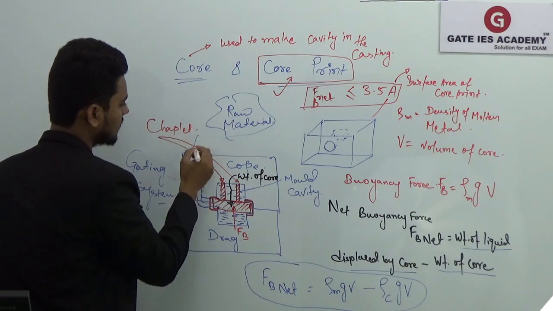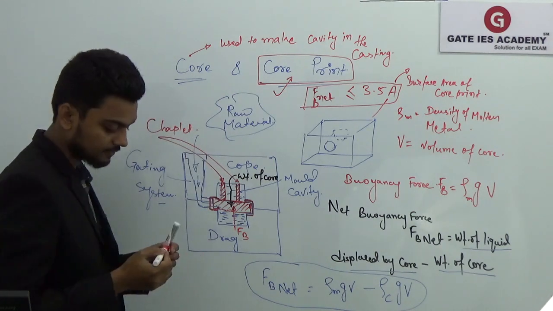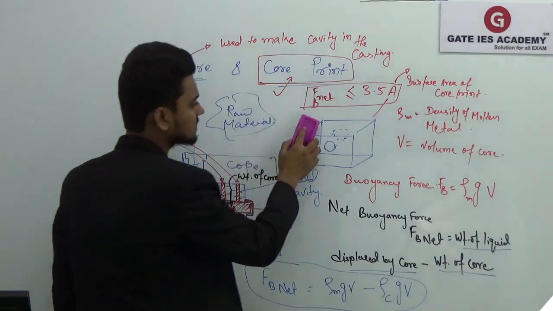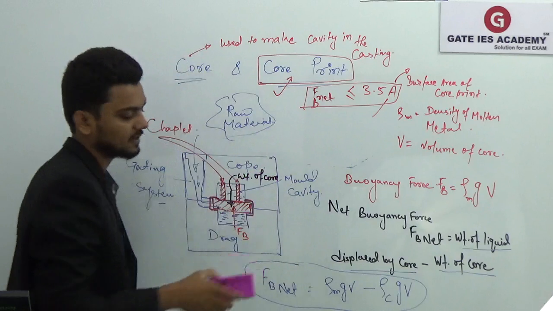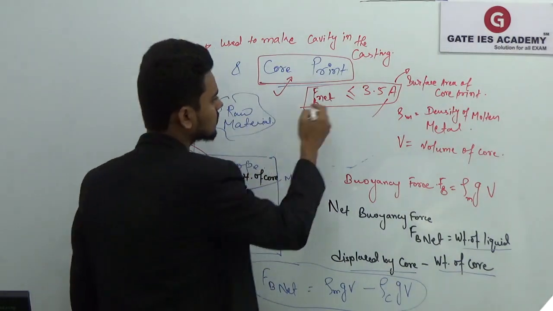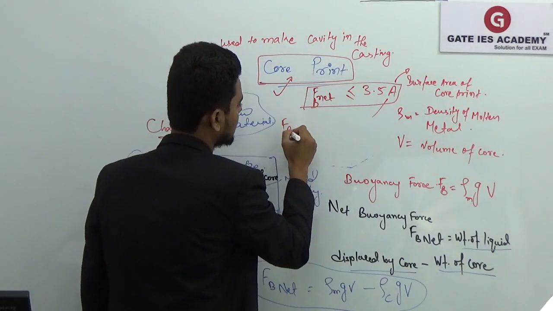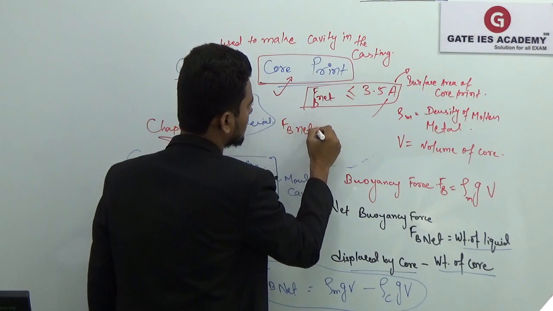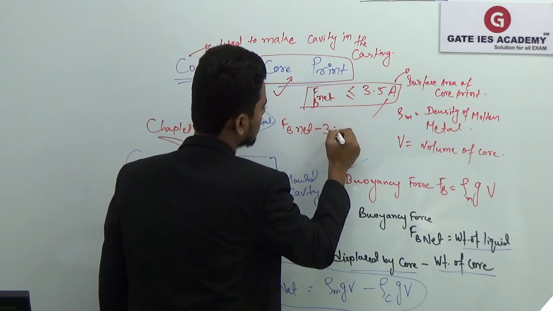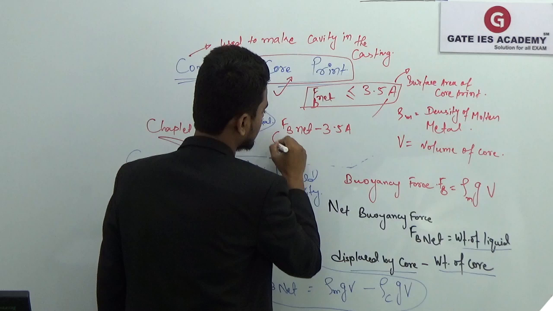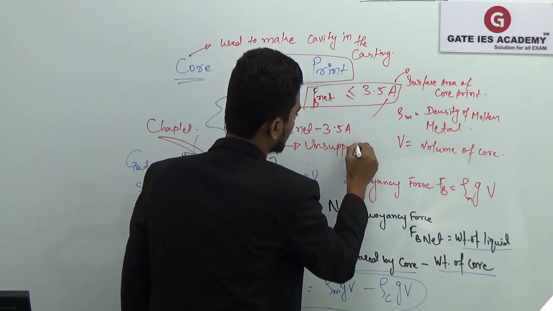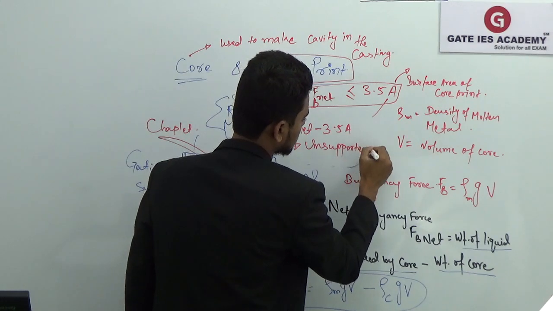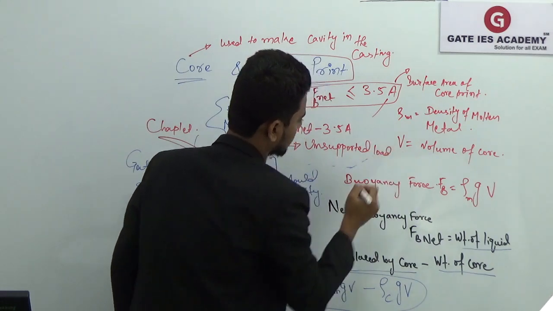We do not require chaplet. But if this net buoyancy force is greater than 3.5 times A, that is, FB net minus 3.5A, this is your unsupported load.